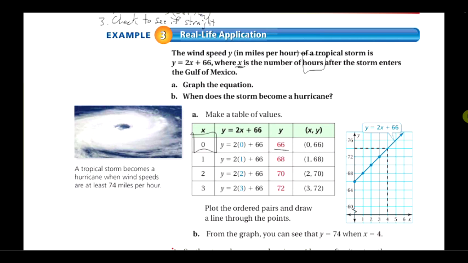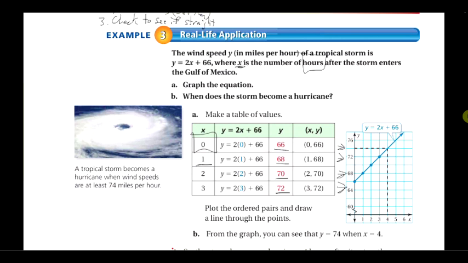After 1 hour, you plug it in, and it looks like you add 2 miles an hour to that. And then you add another 2 miles, and then another 2 miles an hour. And they graphed all of these points over here, and we get this nifty little straight line of a graph that goes up, up, up.